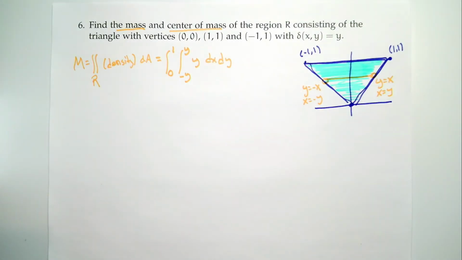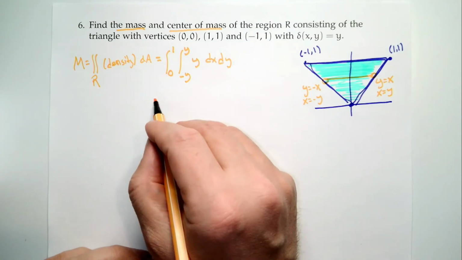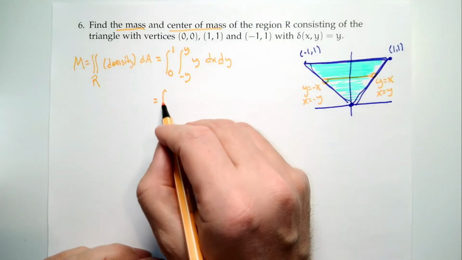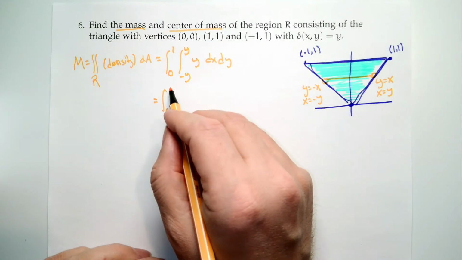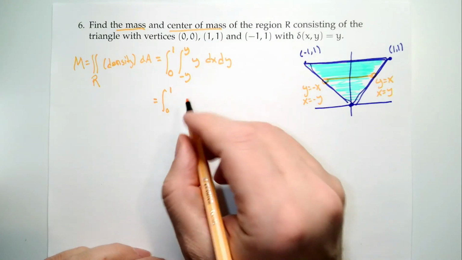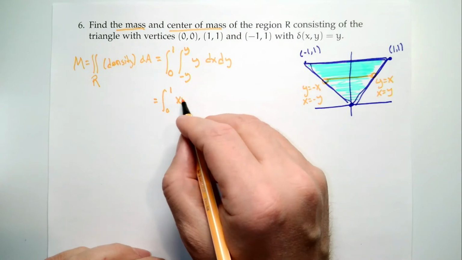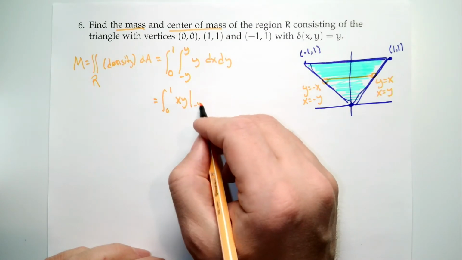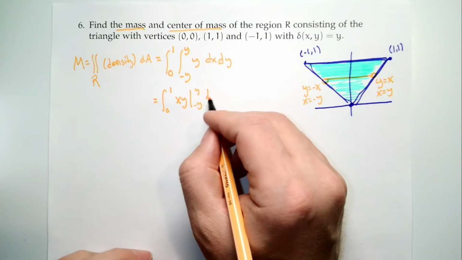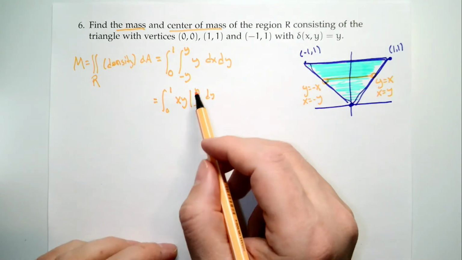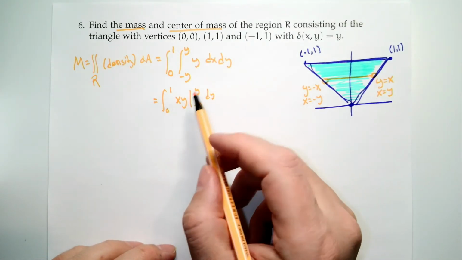All right, so we're getting close. So let's see what we get. Okay, so 0 to 1, integrate that with respect to x. We're going to get x times y, evaluated from x equals negative y to positive y. Now, if you plug in positive y, you'll get y squared.